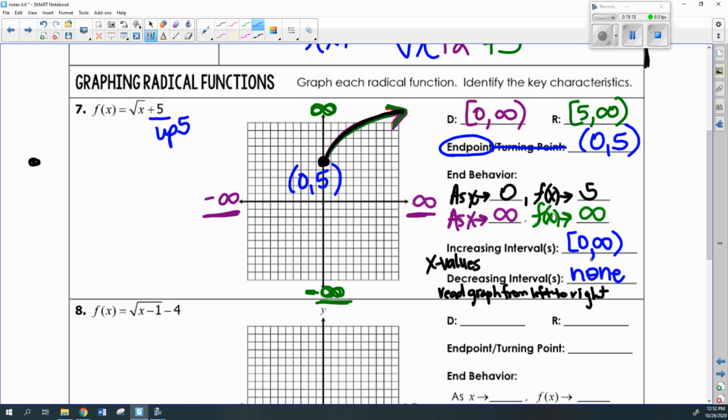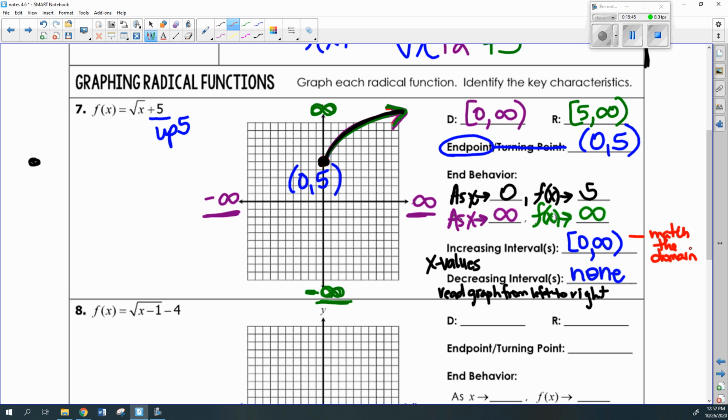Since it's only doing the one thing and I'm using x values, it has to be increasing over the entire domain, so they should match. So match the domain. If for some reason it was decreasing only, then that would also match the domain. It would just be on the decreasing line.